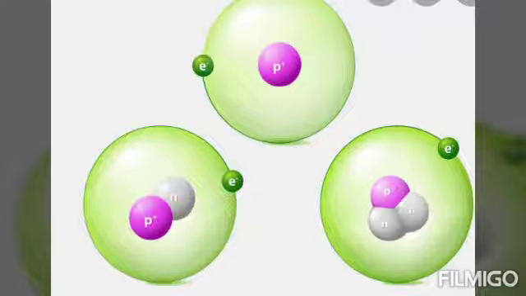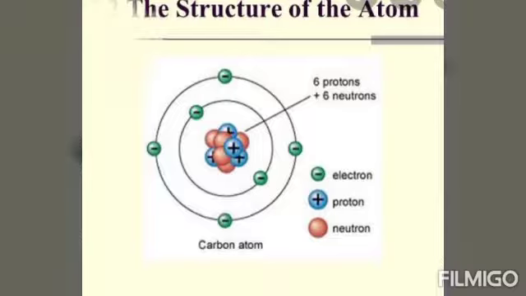Though it is a very tiny particle, in modern times scientists, on the basis of experiments, explained the internal structure of the atom and proved that an atom consists of three constituents: protons, positively charged particles present in the nucleus of the atom; neutrons, neutral particles that are also present in the nucleus; and electrons, negatively charged particles revolving around the nucleus.